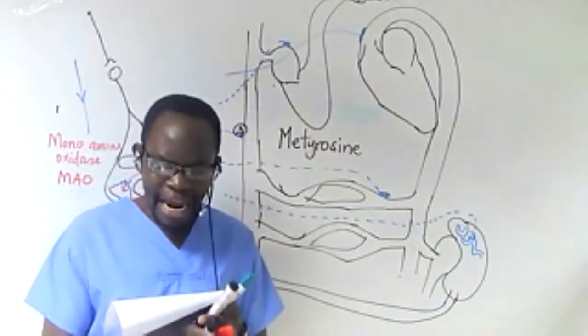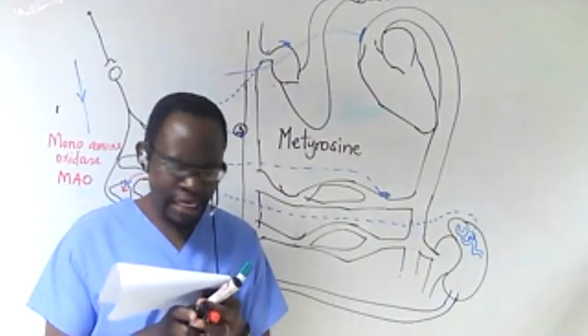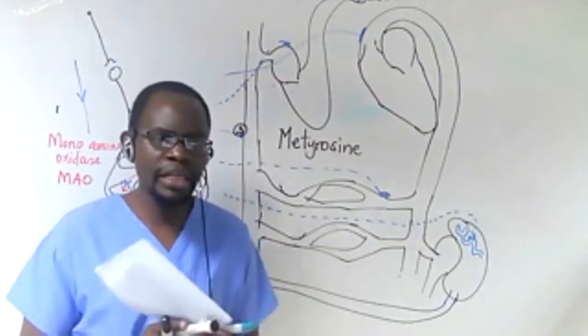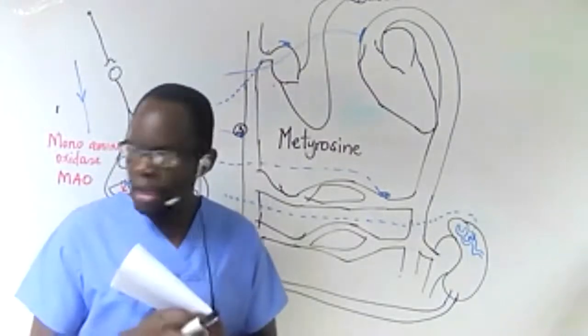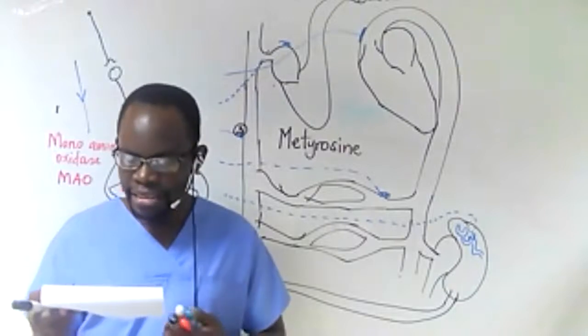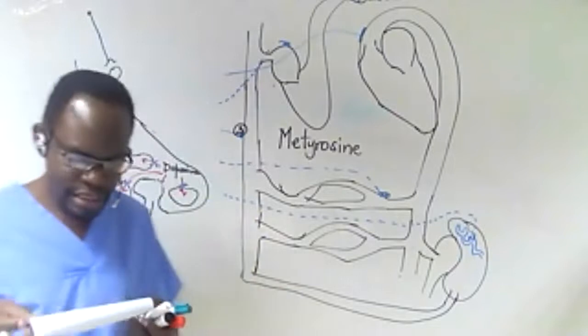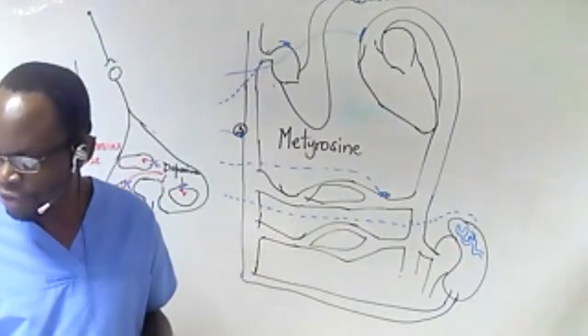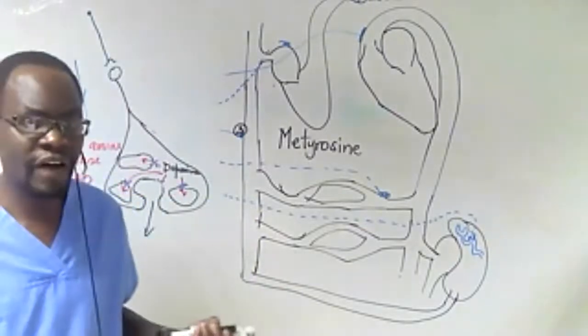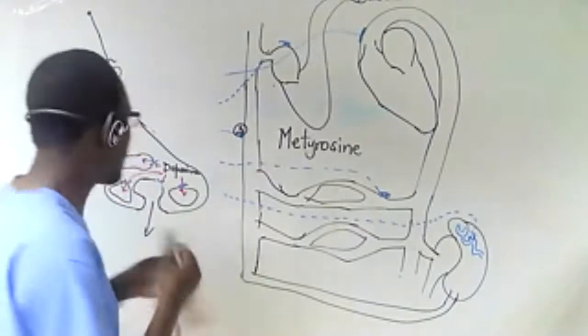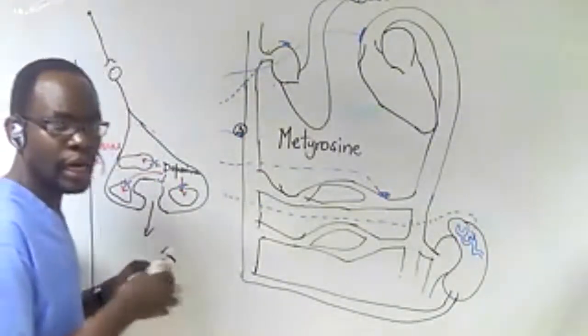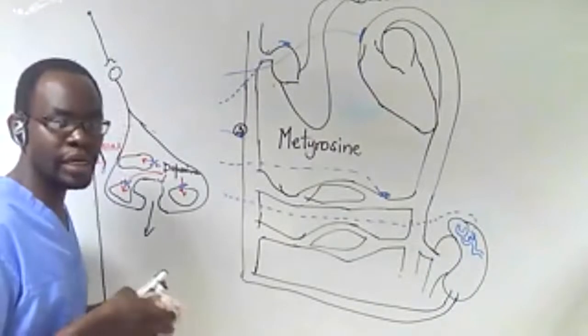Metyrosine basically blocks and inhibits the enzyme tyrosine hydroxylase, and therefore once it inhibits that enzyme, you will not have norepinephrine being manufactured.